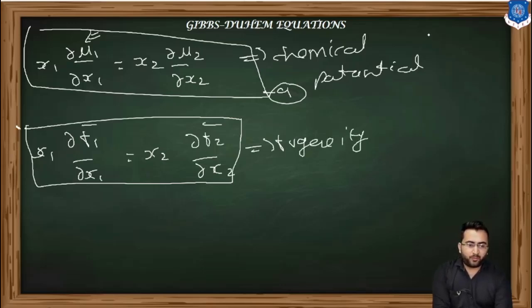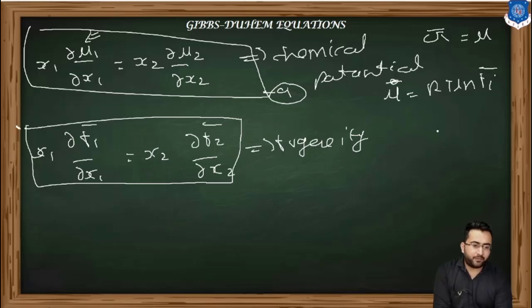The partial molar Gibbs free energy G bar is equal to mu, and we know that mu is equal to RT ln fi bar. So RT ln will be cancelled from both sides, and this equation becomes del f1 bar is equal to del f2 bar. So this is the Gibbs-Duhem equation in terms of fugacity.